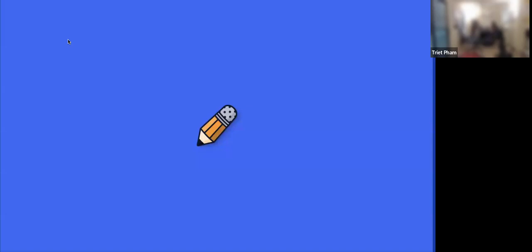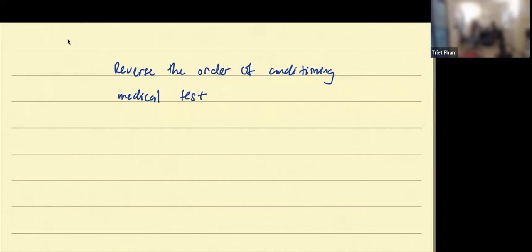It's actually rather natural to do so. The easiest example is medical testing. The reason is as follows. Think of COVID as an example.